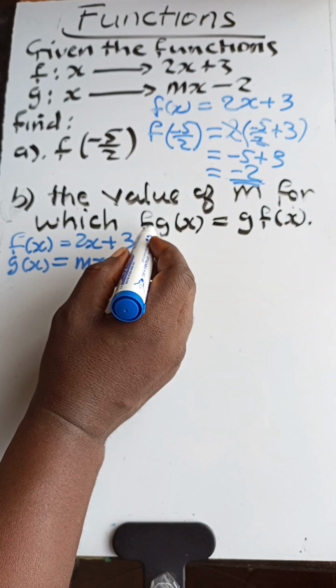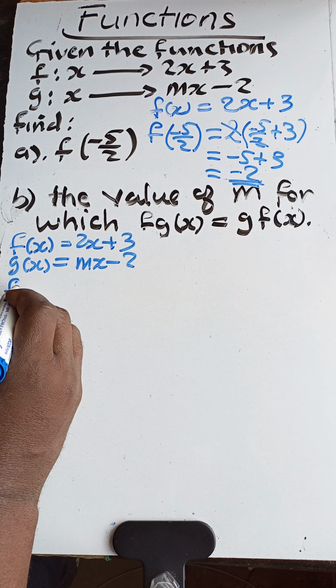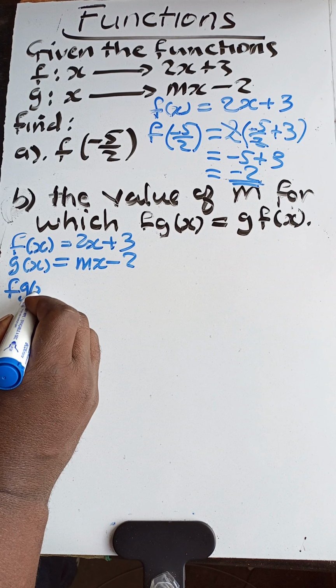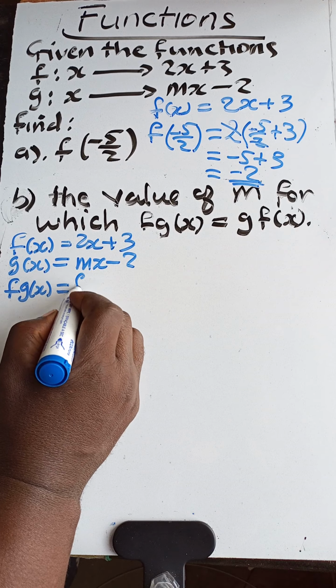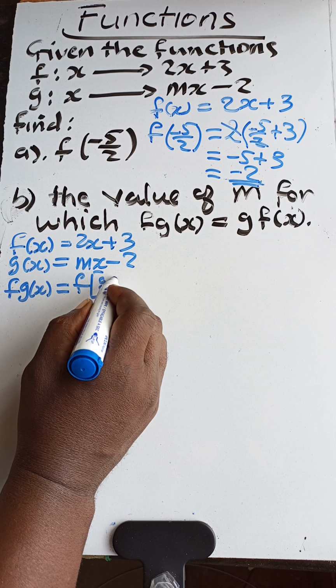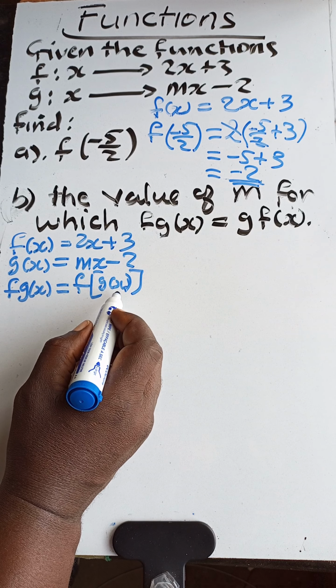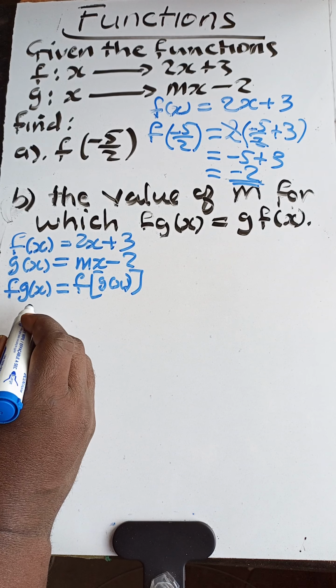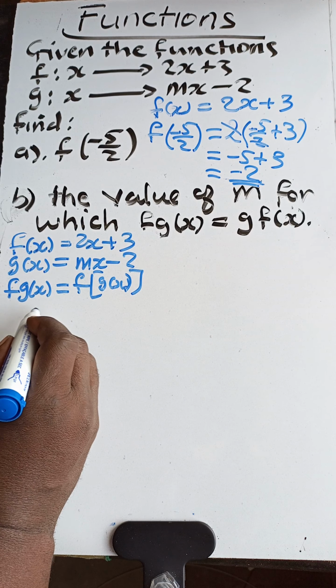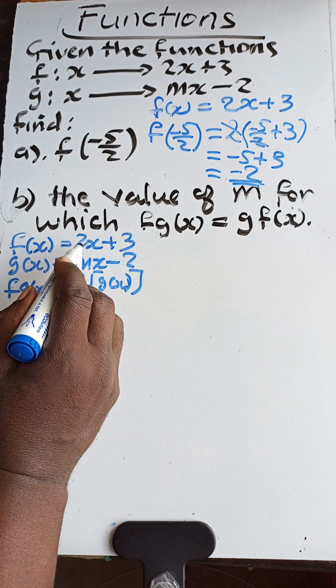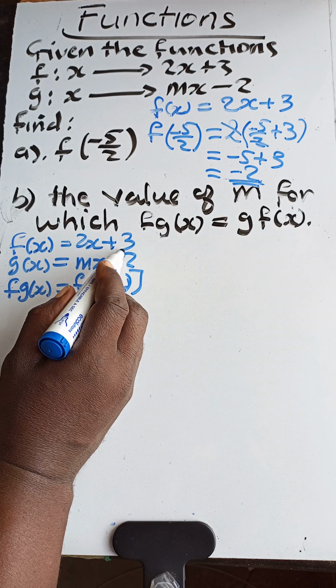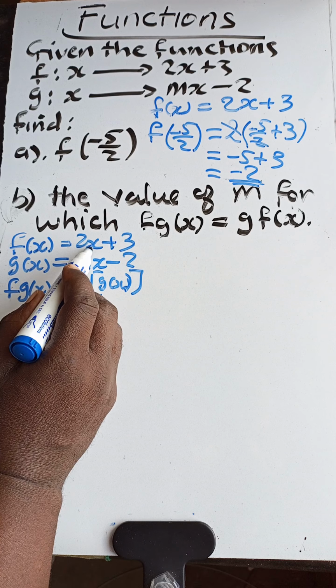So the first thing we look for is fg of x. fg of x will be f implementing g of x. We are going to take the instructions of f and put them in g of x. All right. So the instructions of f are multiply by 2 and add 3. So we are going to put g here.